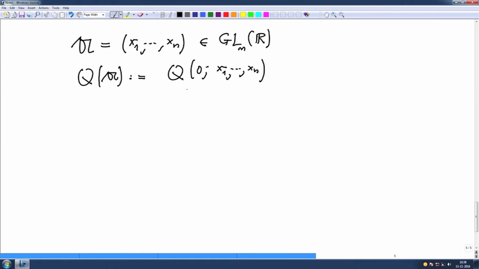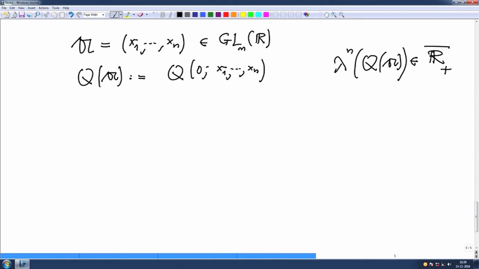And this is one side. This is a parallelogram, and lambda n of Q(A) is a number. Now we are interested in computing this number effectively. This is the volume of the parallelogram.